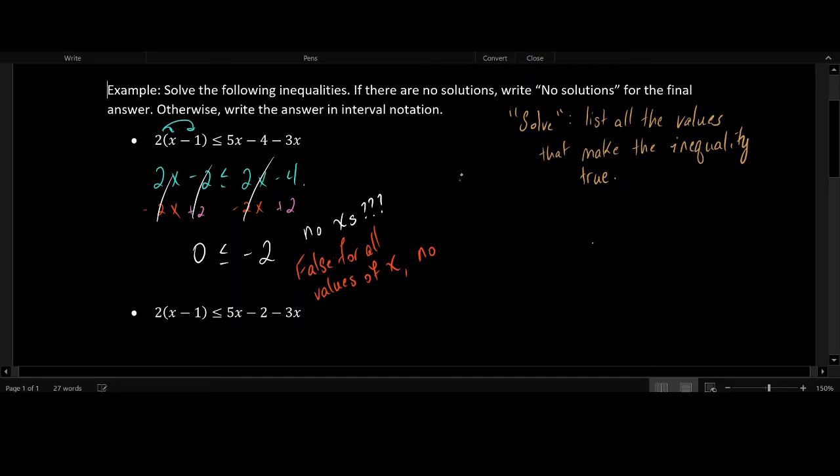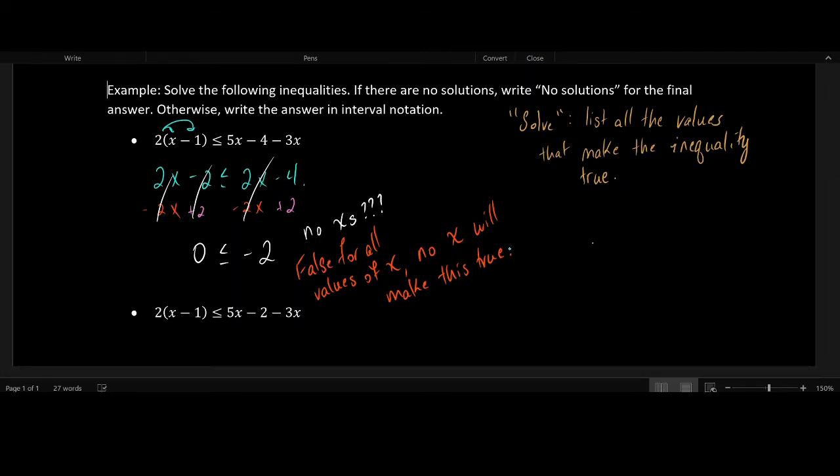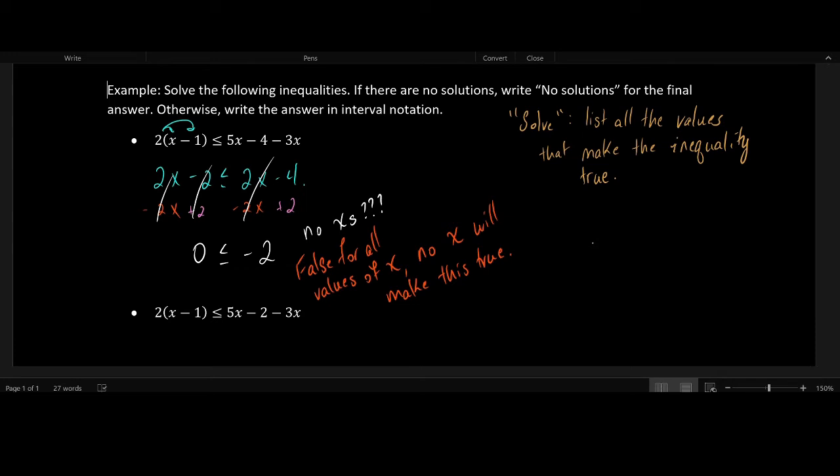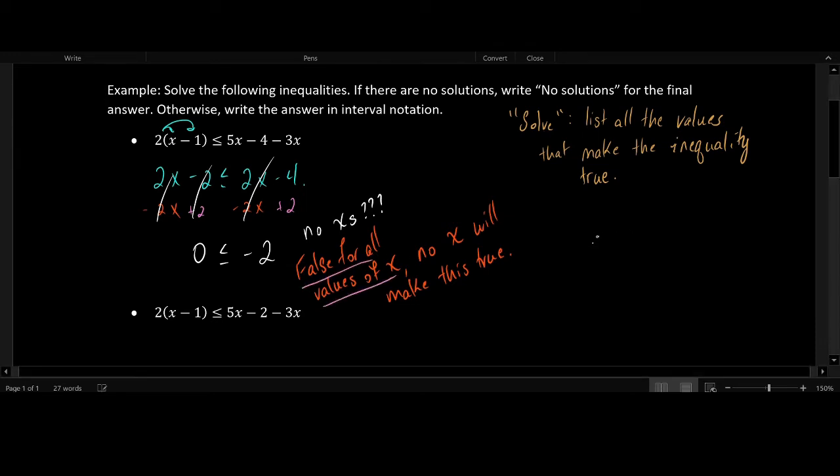No matter what you do to x, you're not going to make 0 suddenly be less than or equal to negative 2. Since it's not possible to make this inequality true, and numbers that make it true are solutions, there are no solutions.